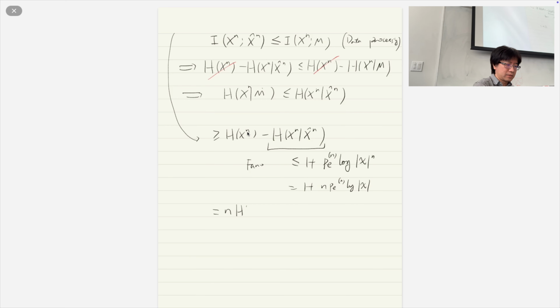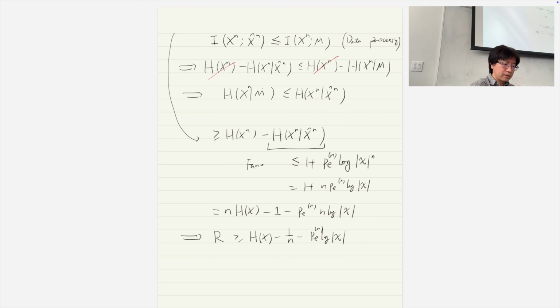We have n times this guy minus 1 minus P_e n log X. So nR is bigger than or equal to that, and then we can say R is bigger than or equal to 1 over n minus P_e log this.